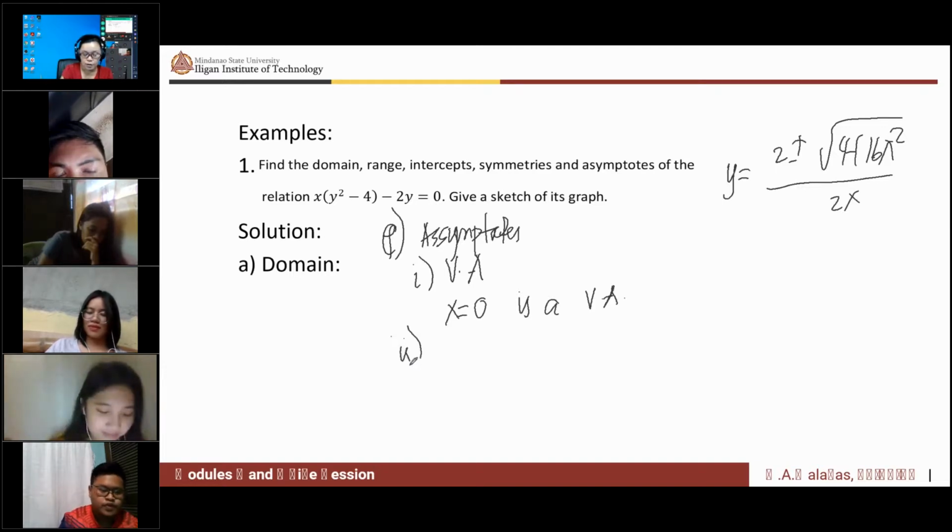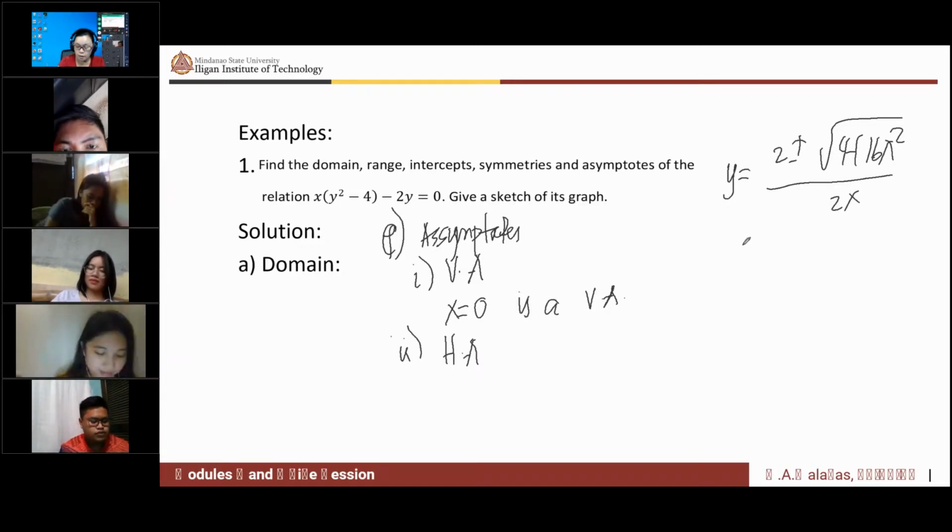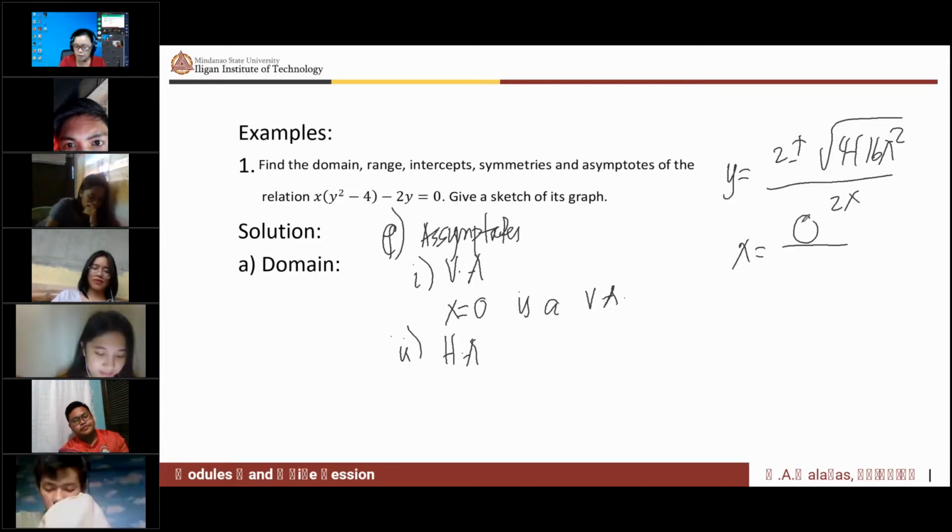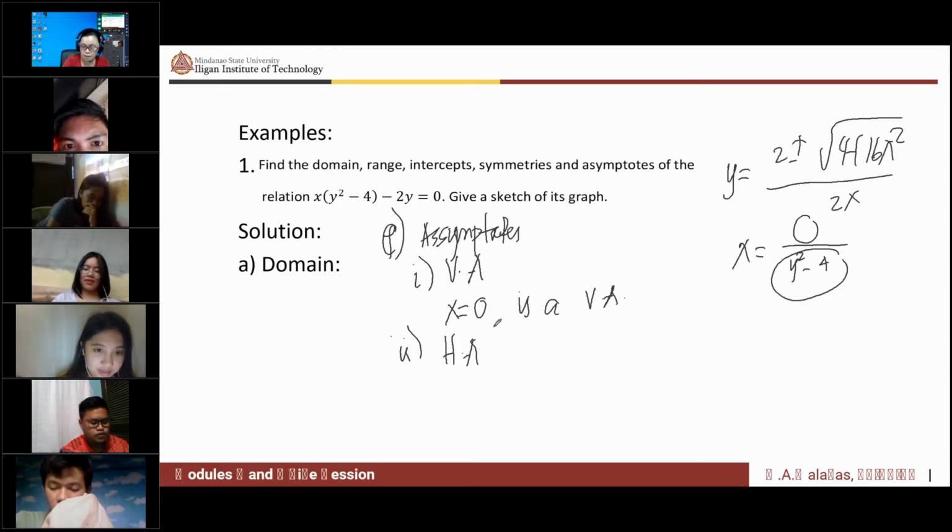Now, for the horizontal asymptote, you recall that you have an expression with y squared minus 4 in the denominator, and y equals 2 makes the denominator 0 but the numerator is non-zero.